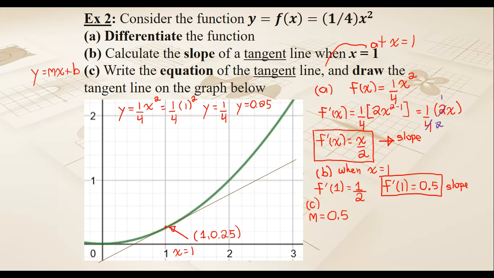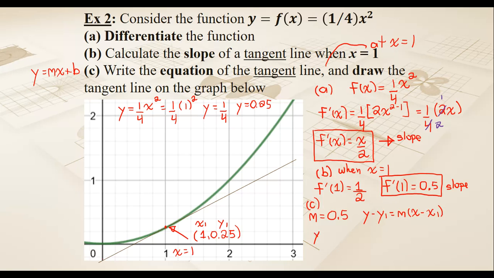And then to figure out the equation of the actual tangent line, we know this line has a point x1 comma y1, and we know what the slope is. It's 0.5 because we determined that from the derivative. So you could use the point-slope formula to figure out the equation. We'd have y minus y1 is equal to m times x minus x1.